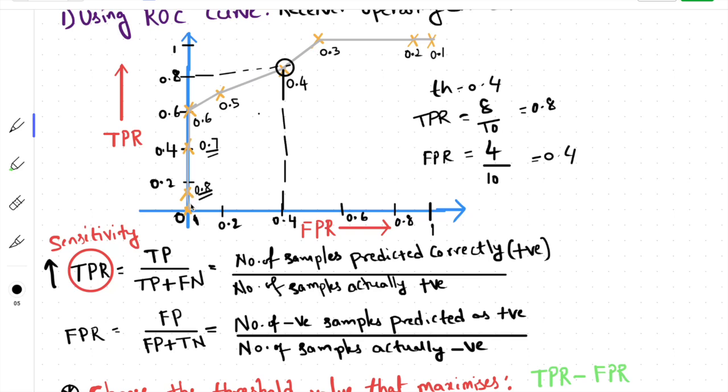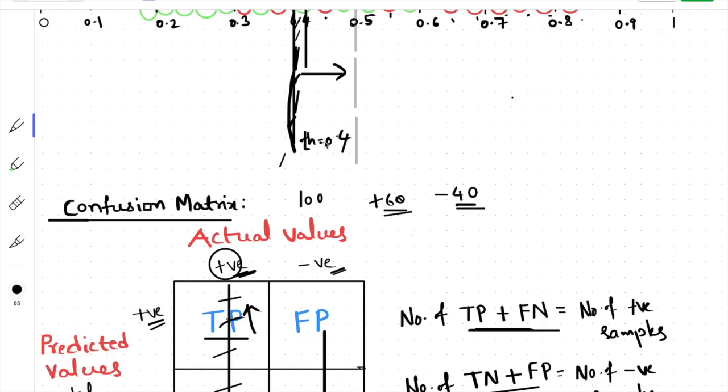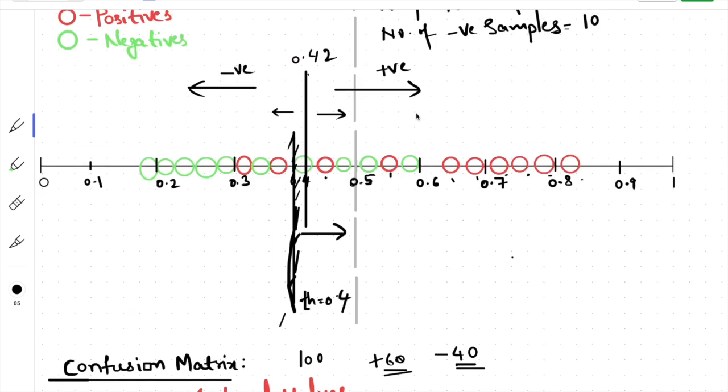But as the threshold moves from 1 to 0.8, 0.7, 0.6, up to this point the true positive rate is increasing. You can see that till 0.6, till this value, there are no negatives. So as the threshold moves from here to here in this direction, we are covering a lot of positives, but there are no negatives in this. So that's why the true positive rate is increasing and the false positive rate remains at 0.